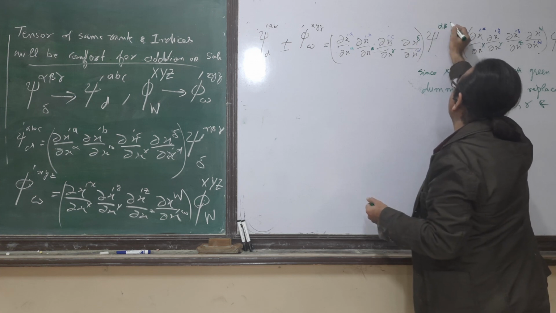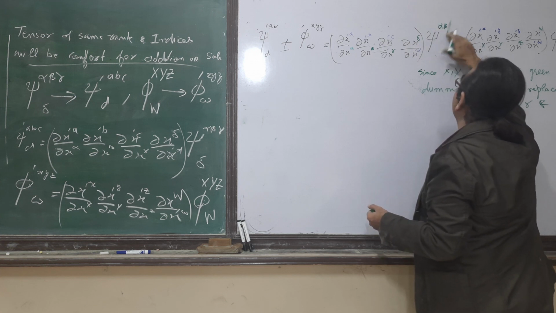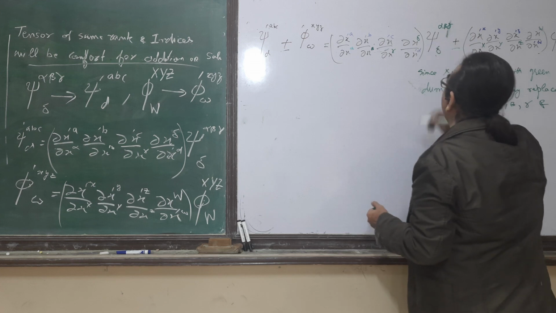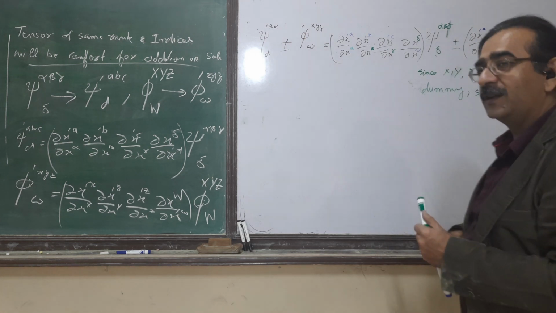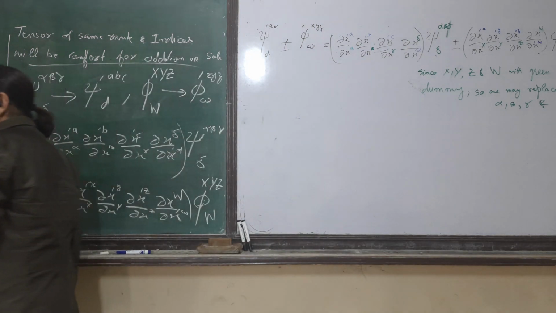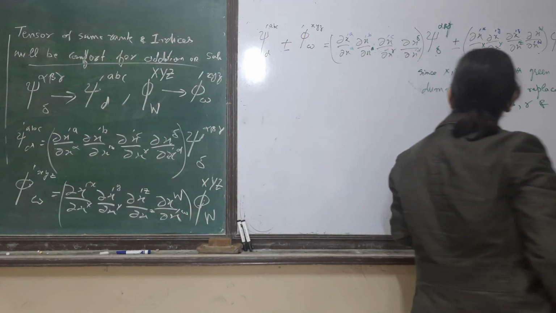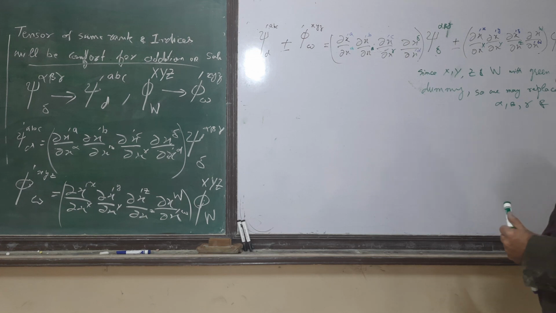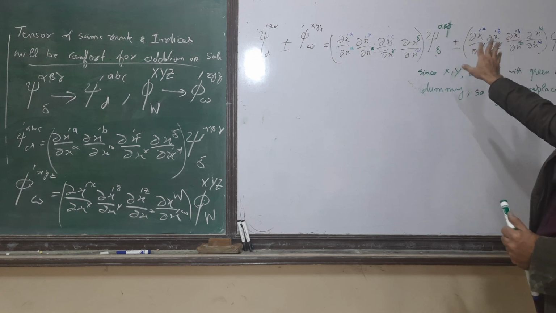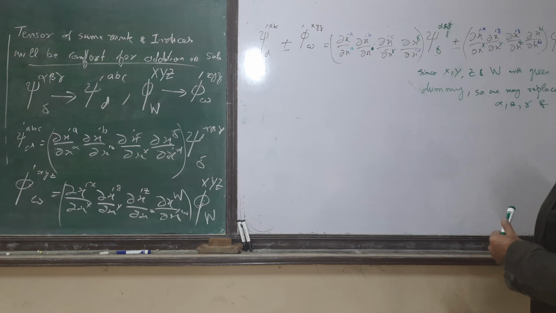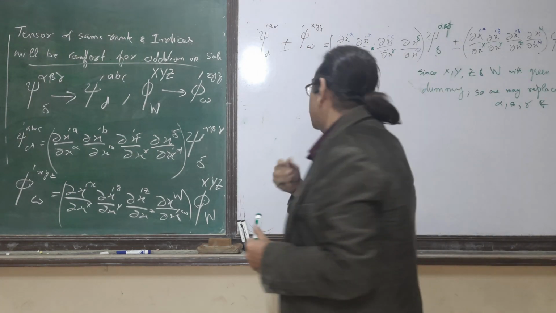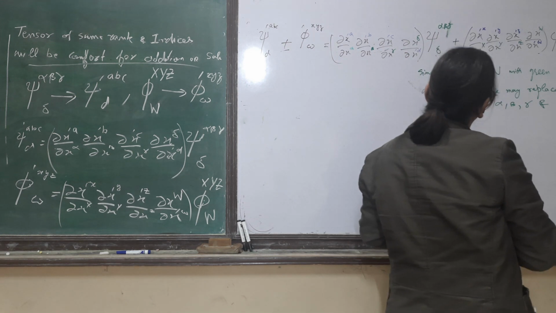I'm only changing the color, alpha, beta, gamma, to ensure that all green ones are dummy, so that no one may have an objection, why you are saying all the green colors are dummy, because at that time there are some indices which are not. Okay, so all greens are dummy here. Yes. So these may be replaced with alpha, beta, gamma.